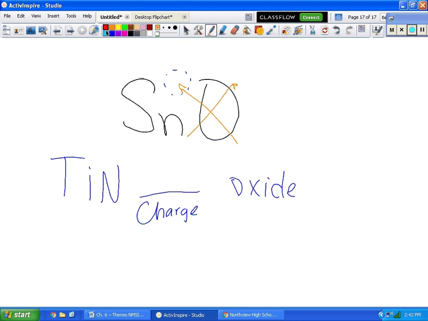So remember, I have 1 plus and 1 minus. But the thing I taught you guys yesterday, this is the hardest problem to do, is that number correct? No. And so what do you do to fix that? Yep. Multiply it times what it's supposed to be. And so that's why it's tin oxide. So does that answer your question?